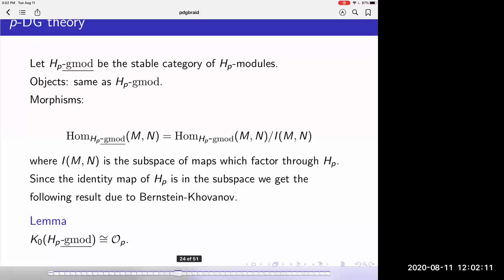So I(M,N) is the subspace of all maps which factor through H_p itself. So the identity map from H_p obviously is in the subspace. So once you kill the identity map, you're killing the object. So this leads to this important lemma of Bernstein and Khovanov, which is that the Grothendieck group of the stable category is isomorphic to this p-th cyclotomic ring.